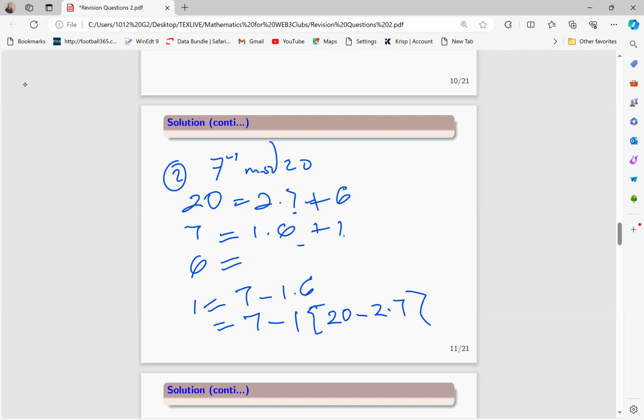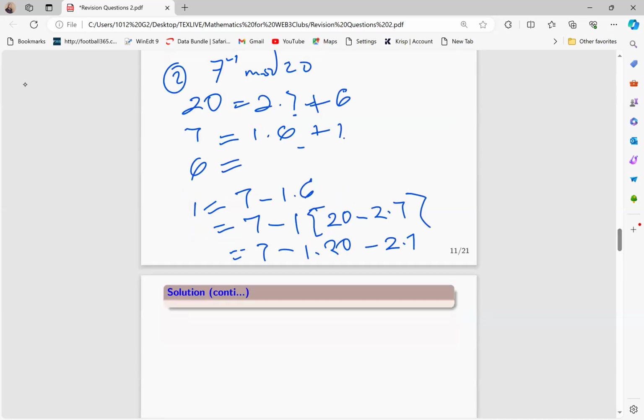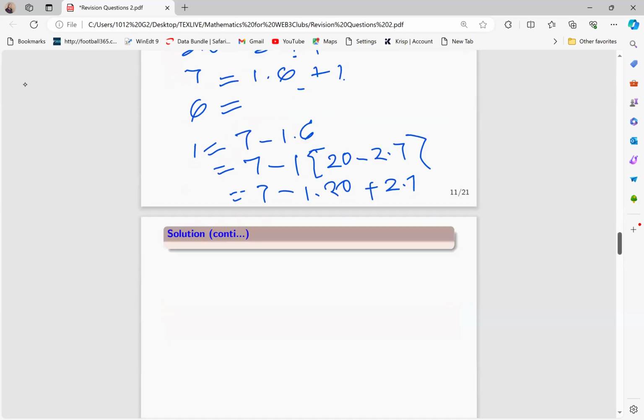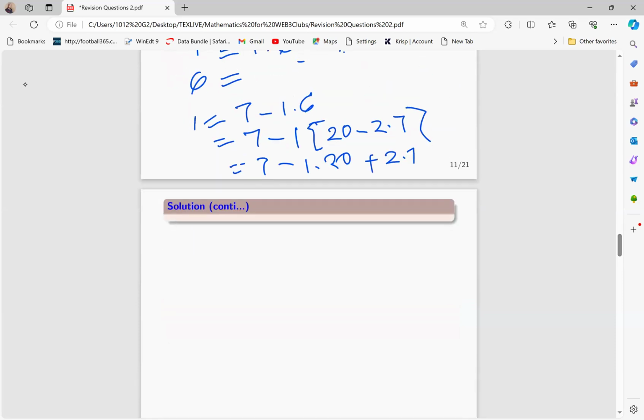Then here we continue: 1 times 20, and here it will be the same, 2 times 7, and also positive. And then after that, we can group the like terms.